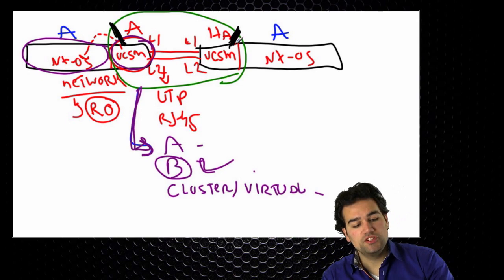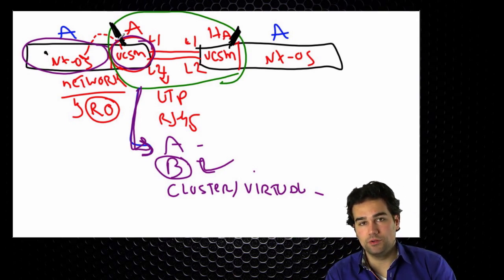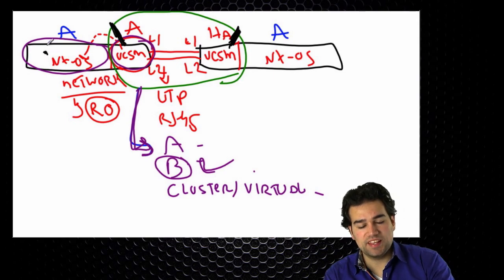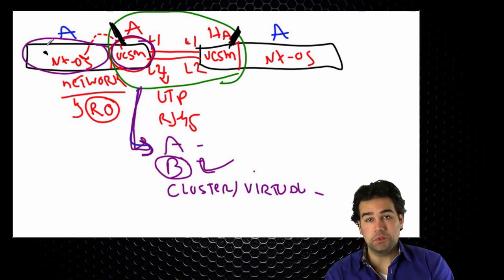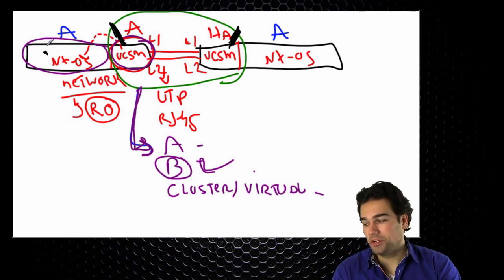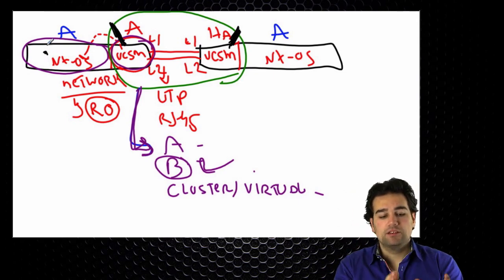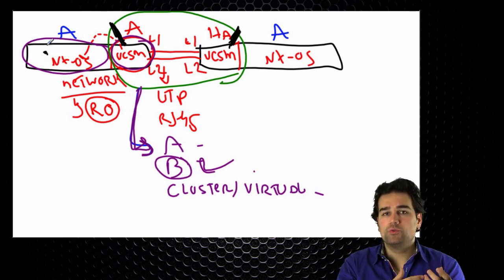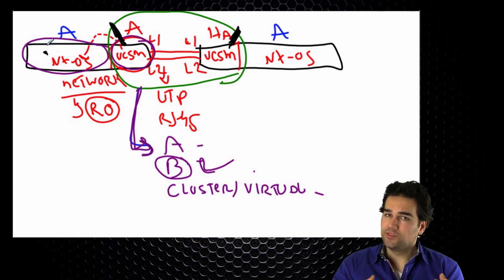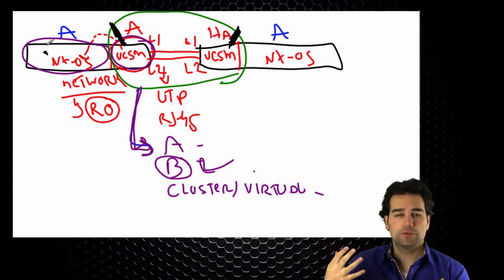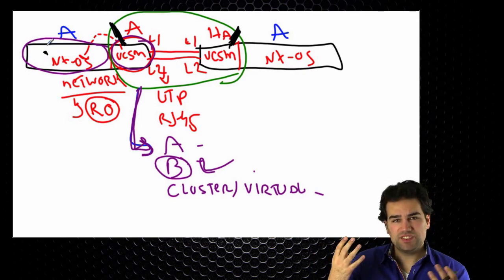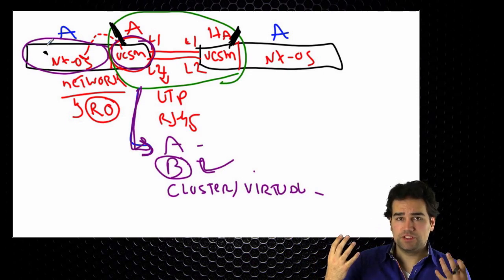So if I do a show interface management 0 in the NXOS part, it will show as admin down. It will show as down and nothing's working there. And that is because the NXOS part does not own that interface. That interface belongs to the UCS manager. So it has nothing to say about it. It will show some configuration on it, but it will say shutdown state.